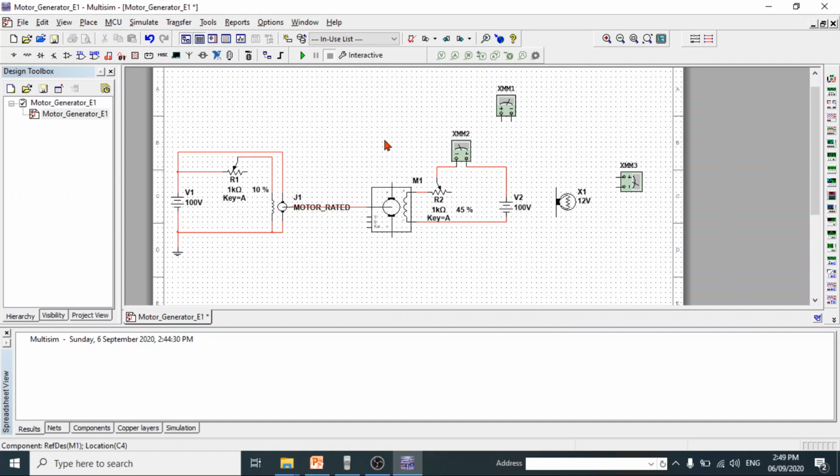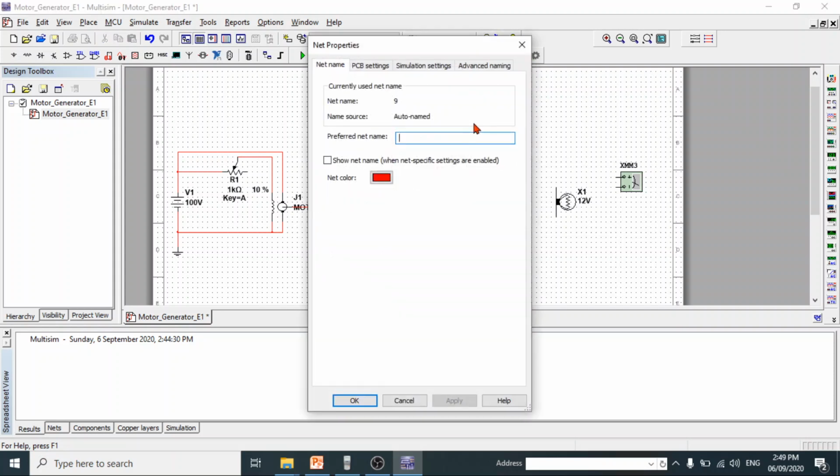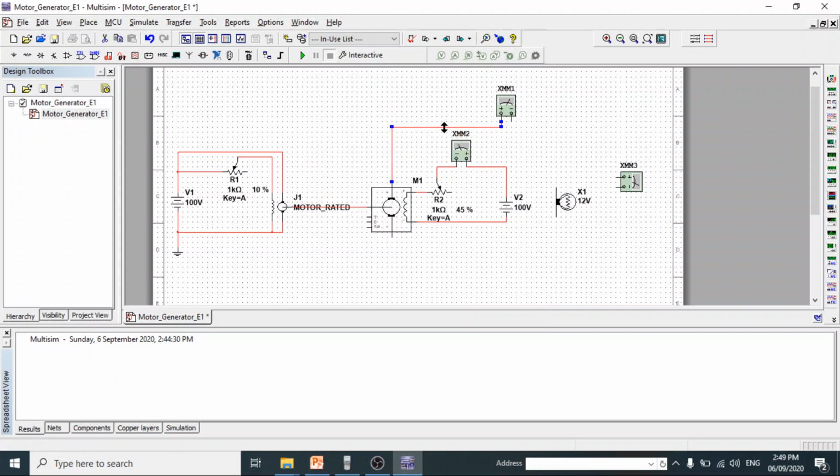Connect this terminal to one end of the ammeter. You may move it upwards. And then the other end of the meter will be connected to the load. You can connect it, or you can drag it upwards.